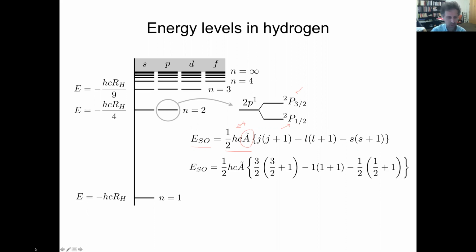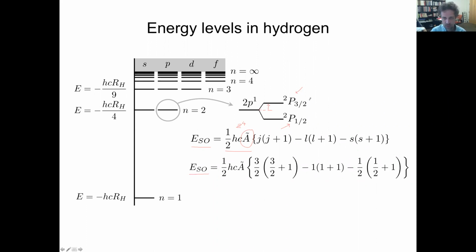What is that splitting energy? Just to make that clear, that is the energy that this state gets because of spin-orbit coupling. These little arrows that we calculate here are ESO, the splitting energy due to spin-orbit coupling.